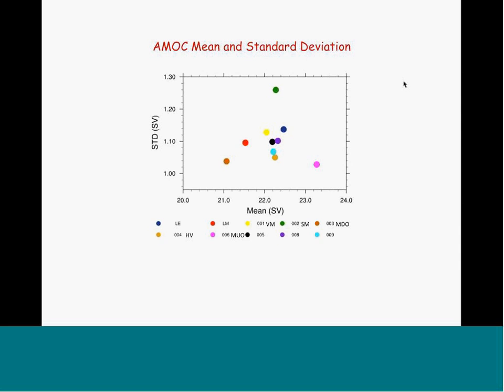What we are seeing in these CESM simulations is no clear relationship between the AMOC mean state and variability. The green one is the sub-mesoscale mixing change. There is not much change in the mean compared to some other cases, but you can see that the standard deviation is quite large in that particular simulation. Next, please.